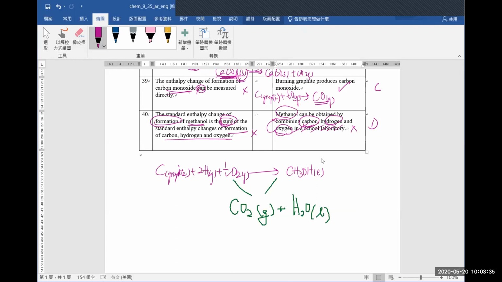This is what I would like to talk to you about, the formation of methanol. So what do you want to refer to? If you write down CO2 and H2O, what's wrong with the statement above?